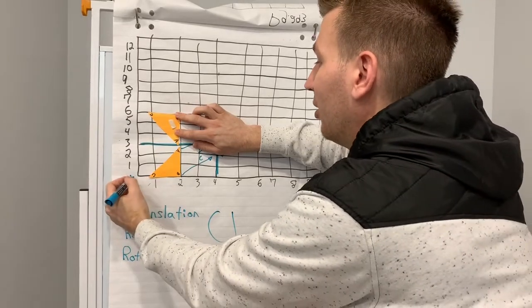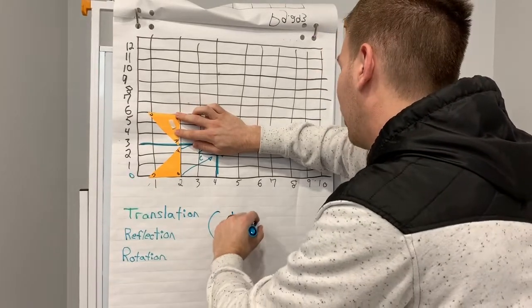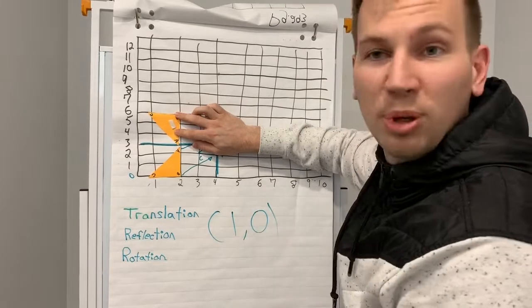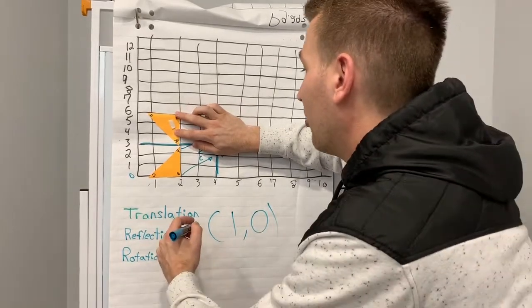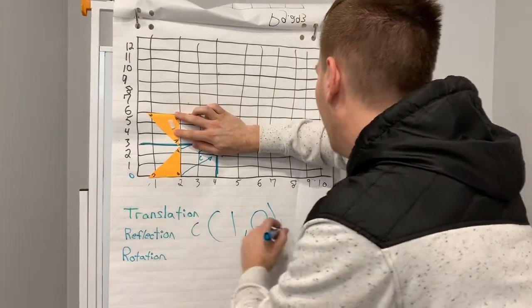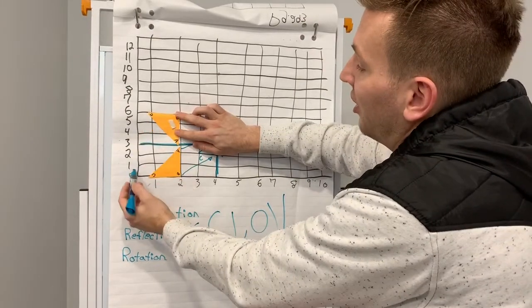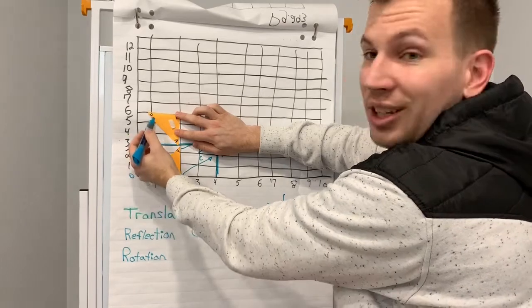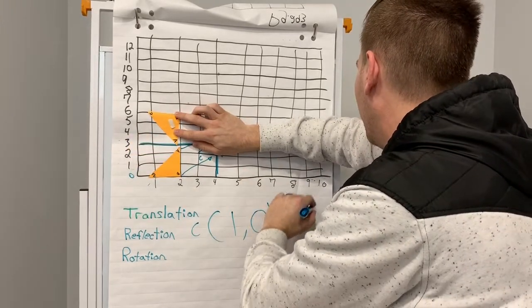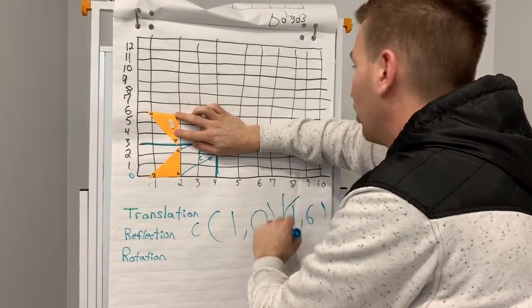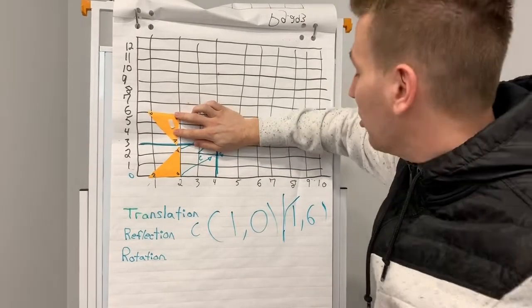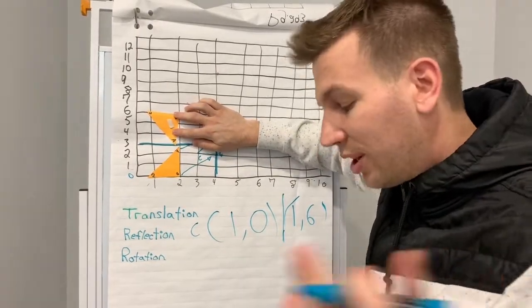And it's on the origin as well, so it'd be 1, 0. So that would be C, but the reflection point of C is on 1 and then 6 up. 1 and 6. Okay, so you have the 2 coordinates of the 2 shapes, and that would be how you would label it, just like we did in the last video.